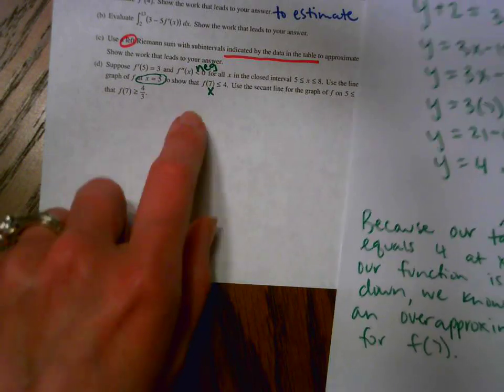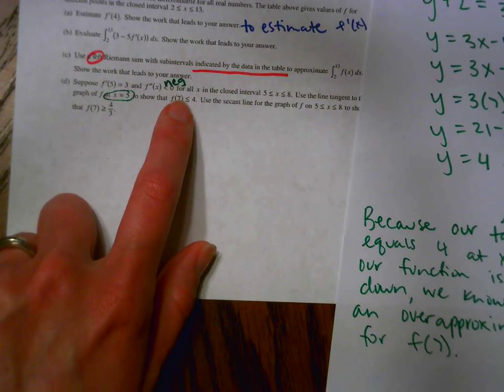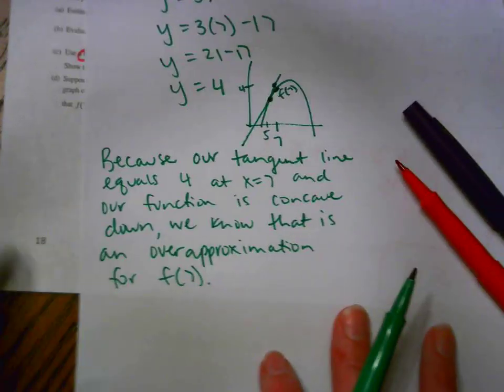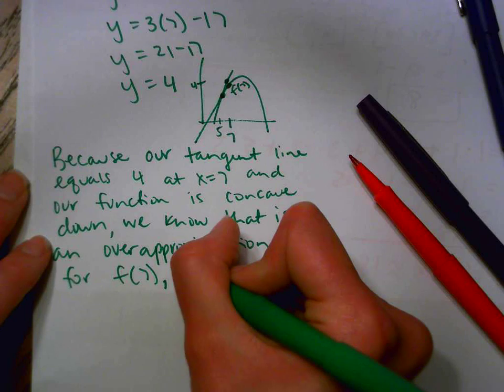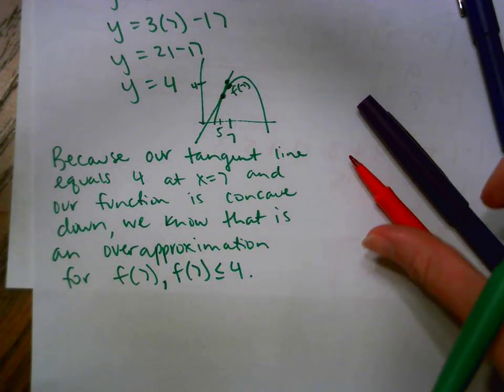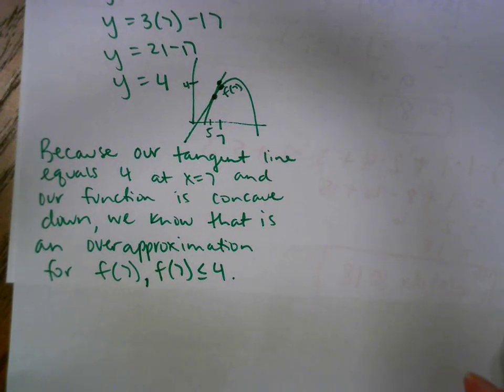Which is the same thing what they were saying here. F of 7, if 4 is an over approximation, then f of 7 is less than or equal to 4. So I'll put comma, f of 7 is less than or equal to 4. So hopefully that picture kind of helps. That was the first part.